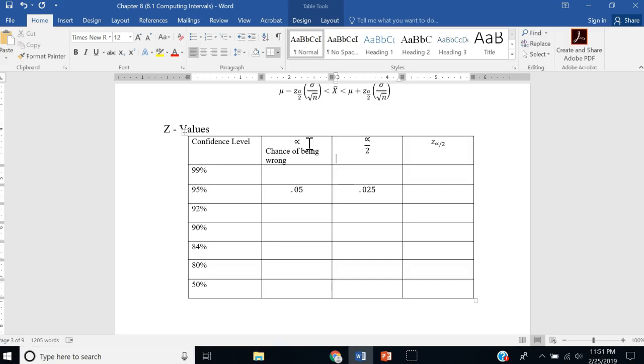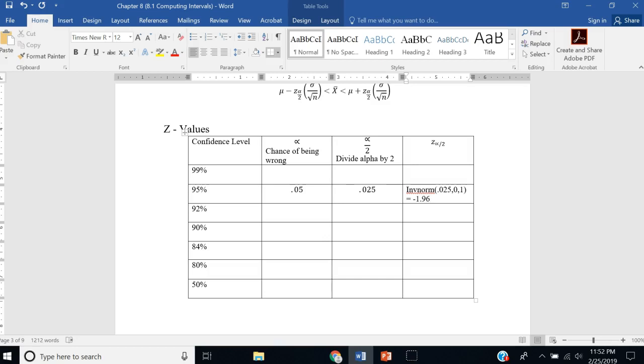So alpha is the chance of being wrong. Alpha over 2, we divide alpha by 2. And then in order to get the z value that I want, I'm just going to put in inverse norm 0.025, and this is why we use alpha over 2 with the z value. So we go inverse norm 0.025, comma 0, comma 1. Now, if you do that, you get a negative 1.96.